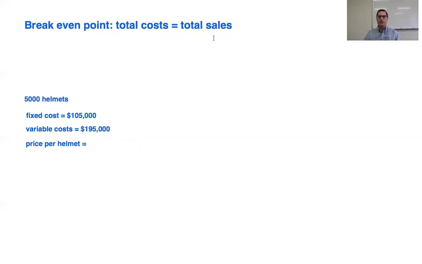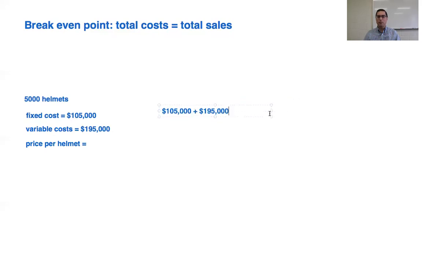Our total costs need to equal our total sales in order for us to break even. So our total costs are going to be our fixed costs of $105,000 plus our variable costs of $195,000.